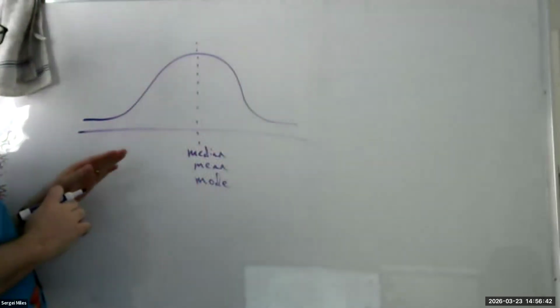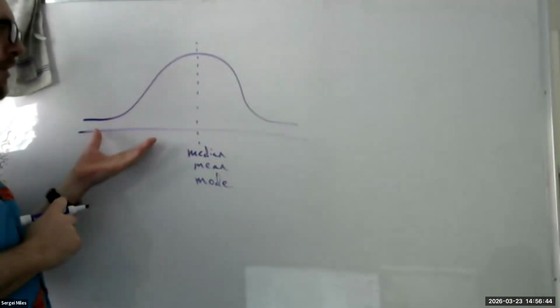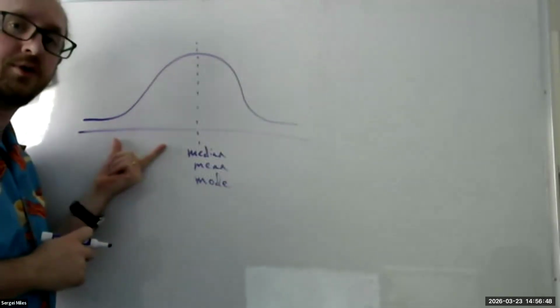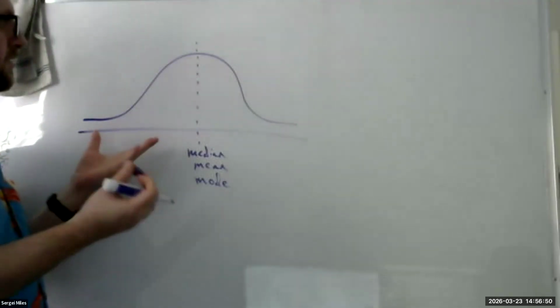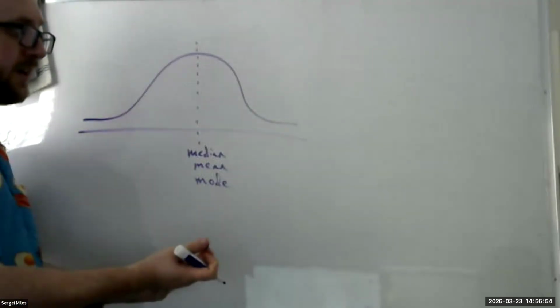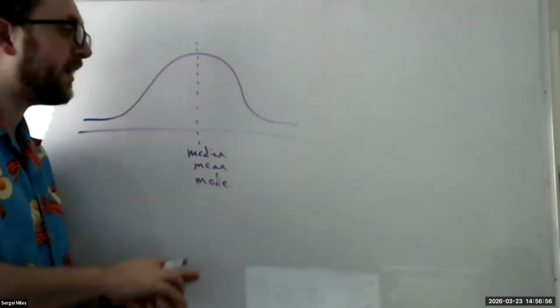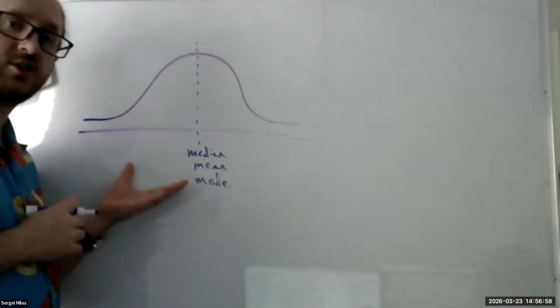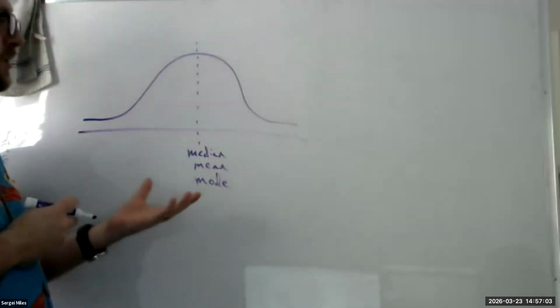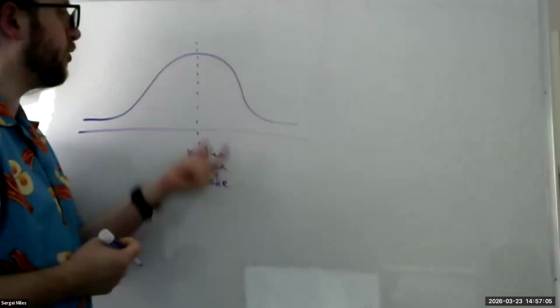As we continue, we're going to learn there are some special properties. In fact, any distribution that looks like this is called a normal distribution because it's a very commonly occurring, naturally occurring type of population distribution. One example we had from last class was height.